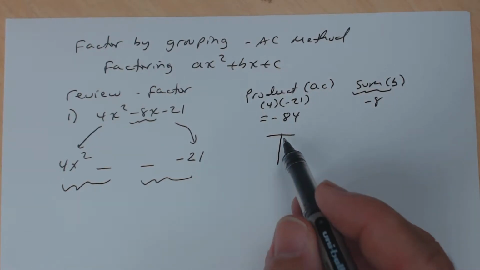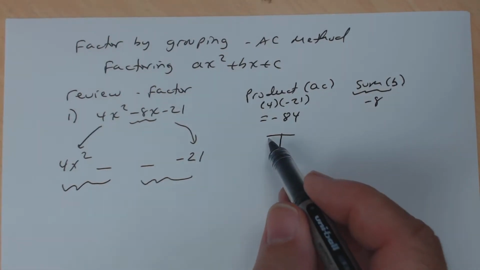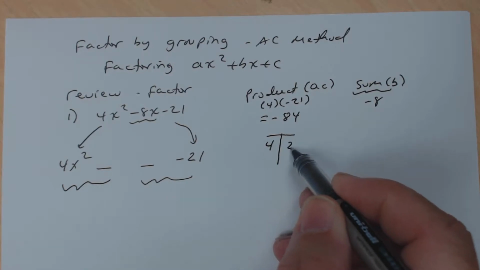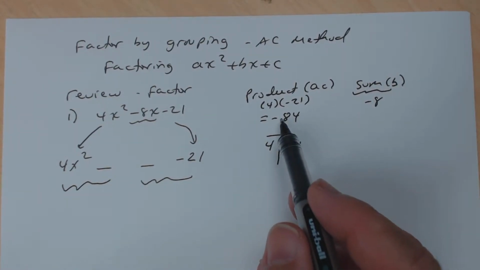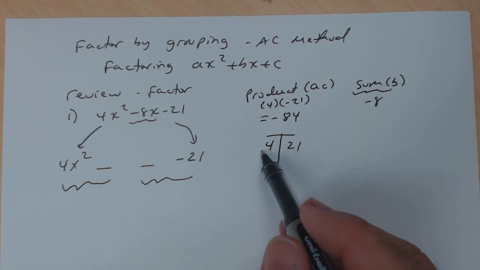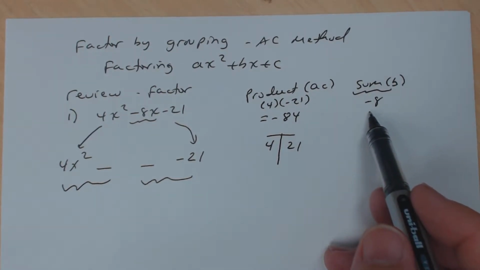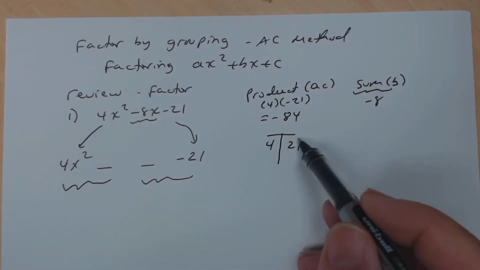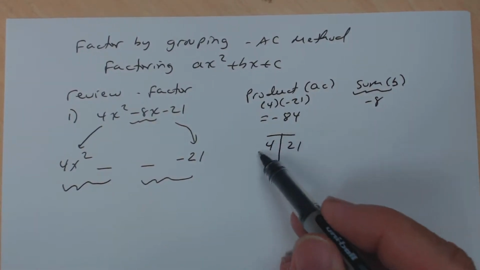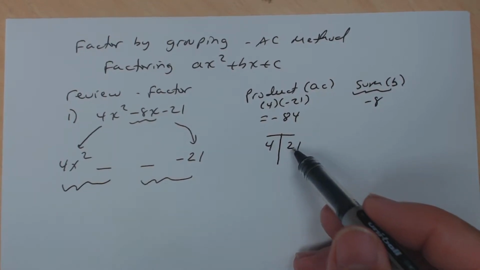For example, let's say I choose 4 and 21. 4 times 21 is 84, but I want negative 84. And just be strategic. You want the sum to be negative, so the number with the larger absolute value has to be negative.